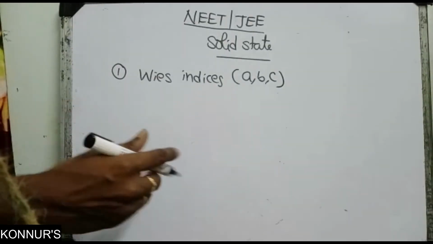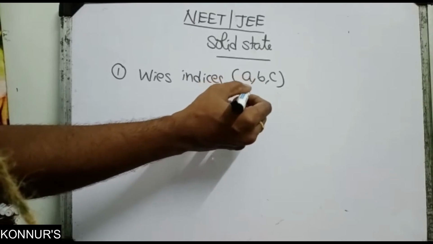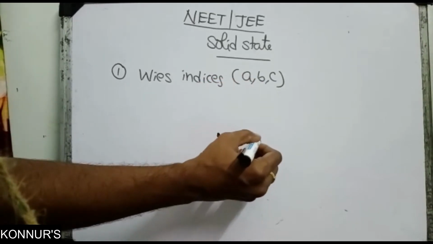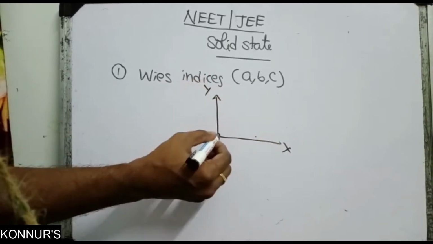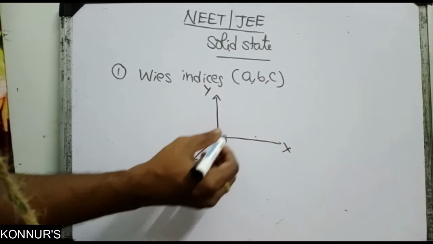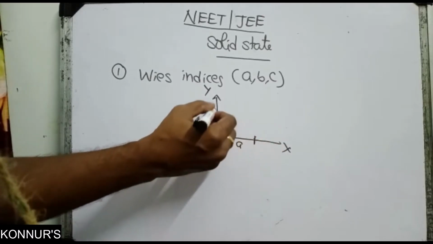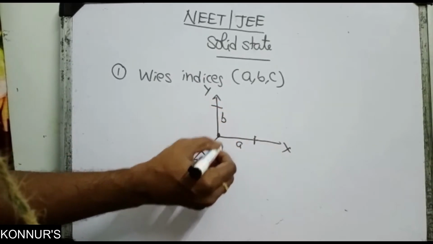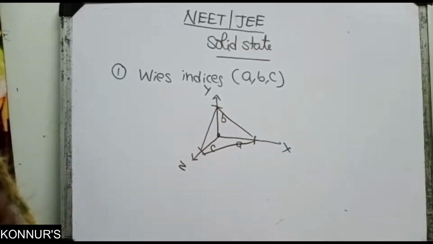If we want to construct one crystal, the important points are the edge lengths. On the x-axis, y-axis, z-axis: suppose the x-axis edge length is A, the y-axis edge length is B, and the z-axis edge length is C. That is indicated with ABC, Weiss indices.